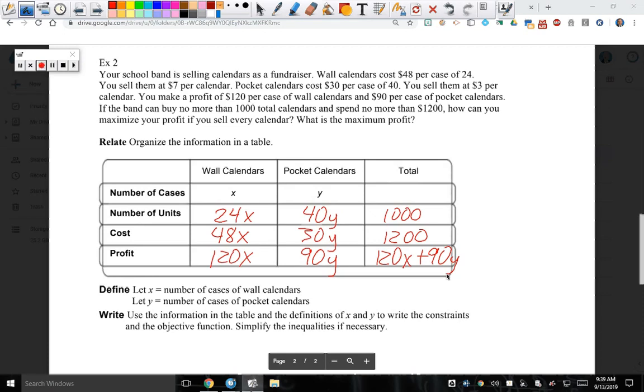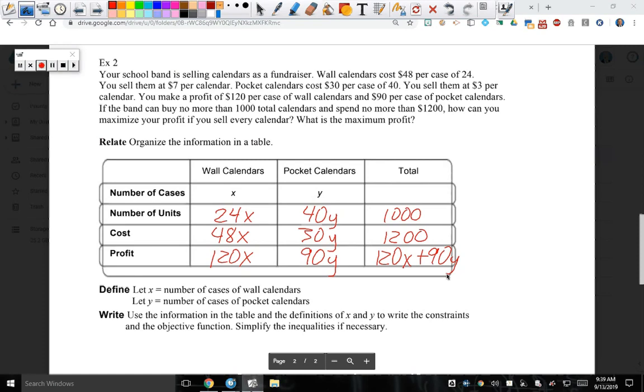So, now we got to decide what equations we're going to build based off of what we just read. Okay? So let's build our first equation. Our first equation I want to build is the 24x and the 40y, the number of units. Okay?